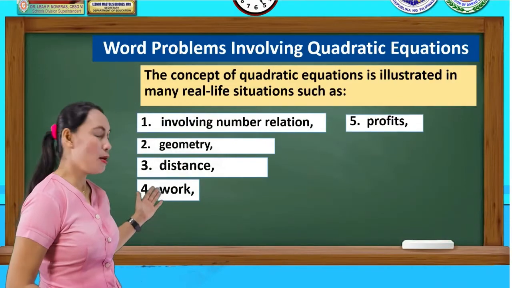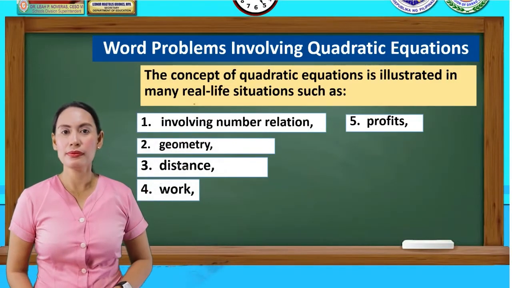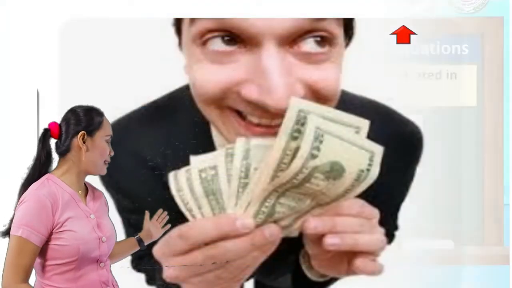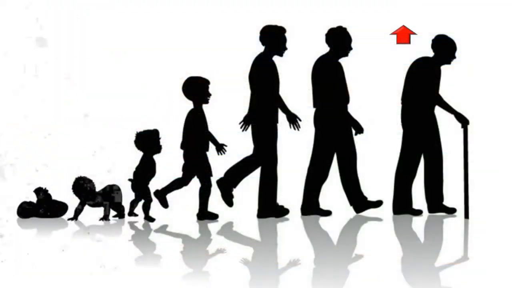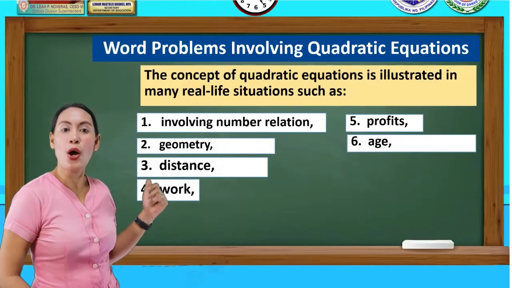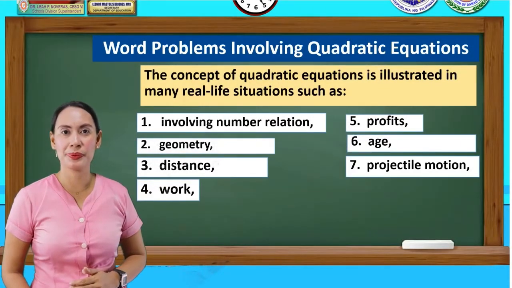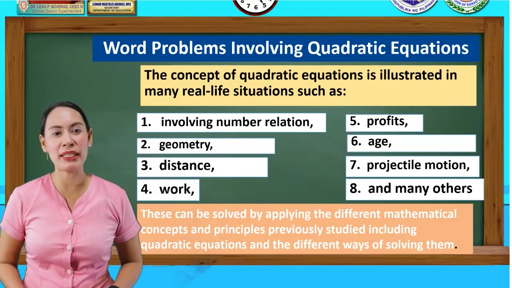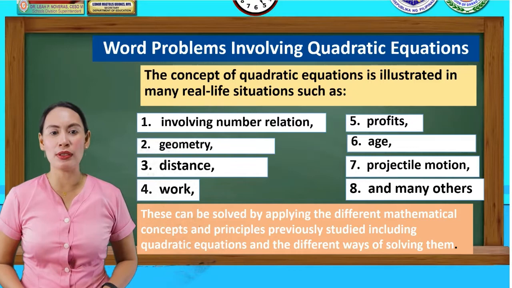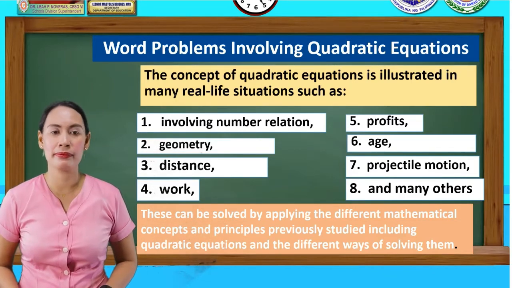Number 5, profits. Number 6, age. 7, projectile motion. And many others. This can be solved by applying the different mathematical concepts and principles previously studied, including quadratic equations and the different ways of solving them.